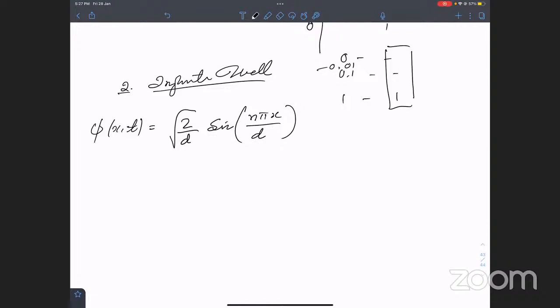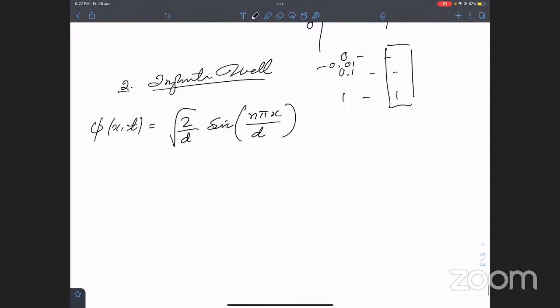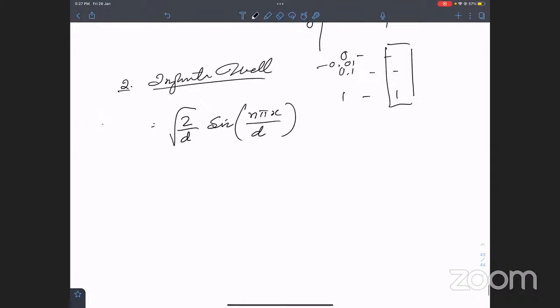I'm going to drop this time dependence for now. I hope you permit me. I'll tell you why we'll drop the time dependence for now. So I'm going to call it psi sub n of x.